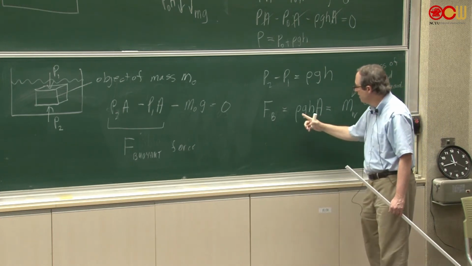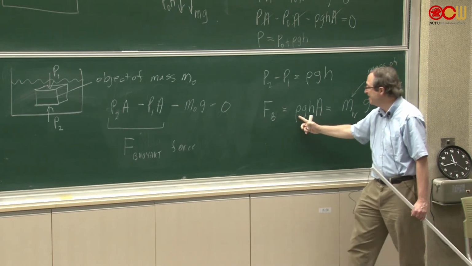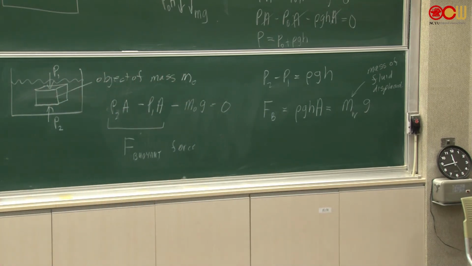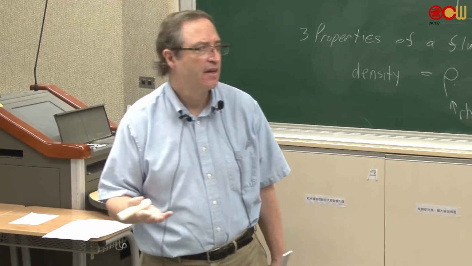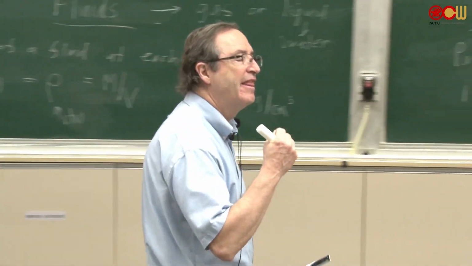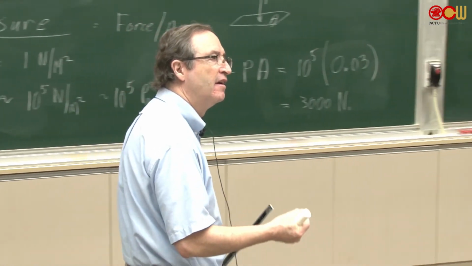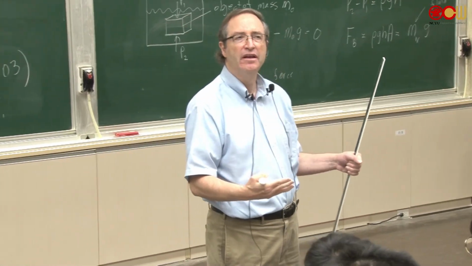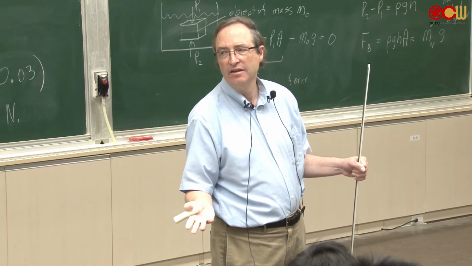Remember, this rho is not the density of the object. It's the density of the water or the fluid. So the buoyant force is equal to the mass of the water that that object takes up in the fluid times g.